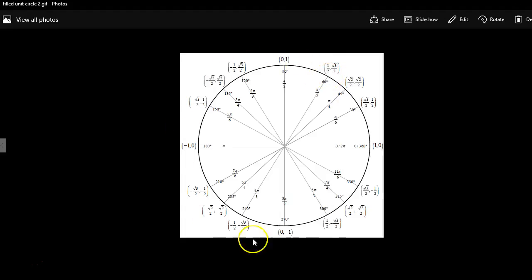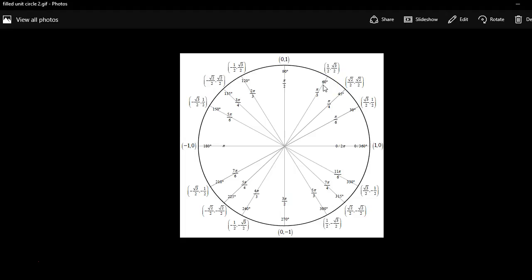But the angle then is not 60 degrees. If you go one whole round and come back, then the angle is 360 plus 60. In other words, it is not pi over 3, it is 2 pi plus pi over 3. And if you go one more, you get 4 pi plus pi over 3. And if you go another one, you get 6 pi plus pi over 3.